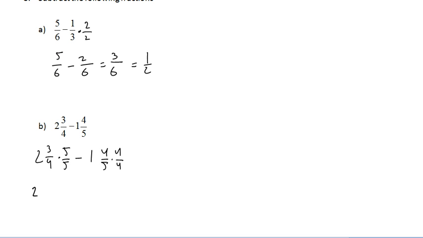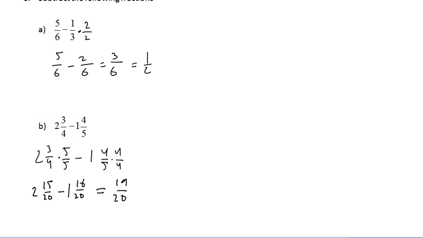So I'm going to get 2 and 15/20 minus 1 and 16/20. So if we look at the 15/20 and the 16/20, basically that's going to give me negative 1/20. 2 minus 1 will give me 1, so I'll have a whole minus a 20th will be 19/20.